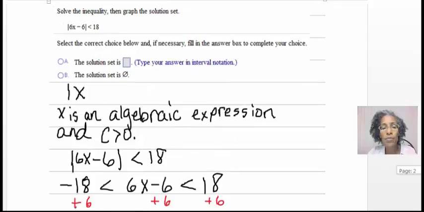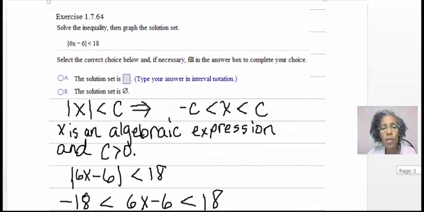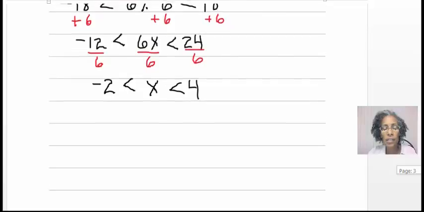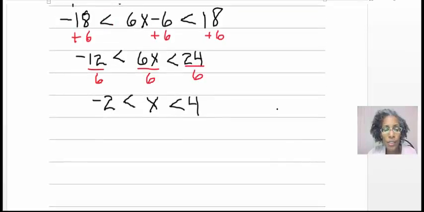And so the problem told us to give our answer in interval notation, and that's exactly what we're going to do. We don't include the negative 2 and the 4, but this solution set includes all the numbers between negative 2 and 4.